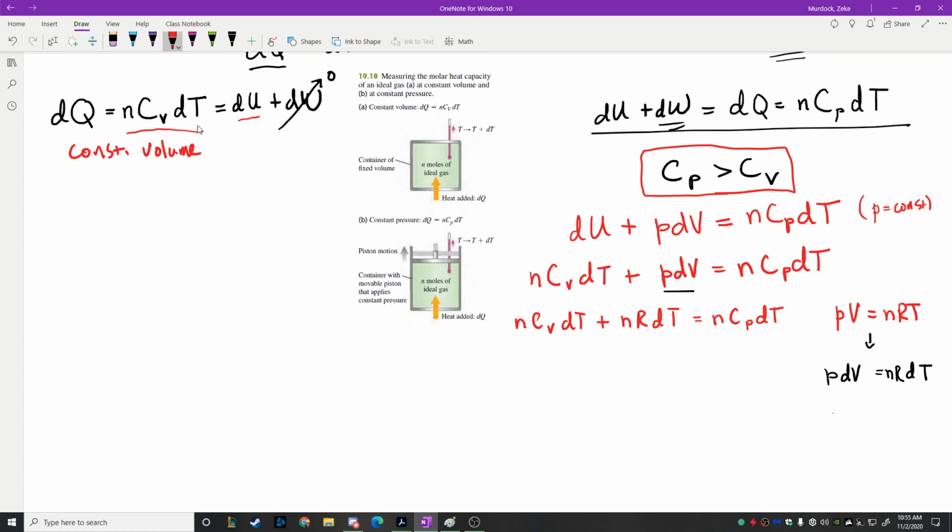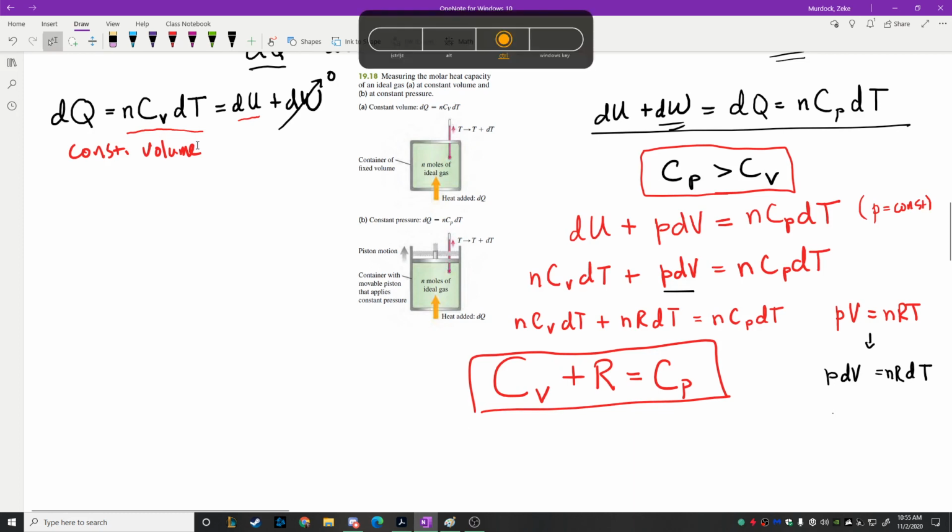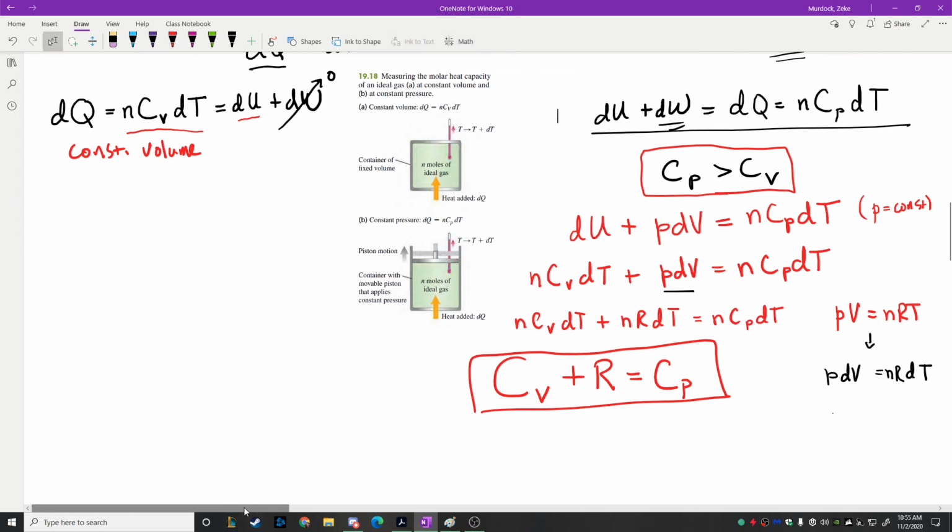And you get this, shockingly simple relationship. The molar heat capacity at constant volume plus the ideal gas constant is equal to Cp. That's a really simple relationship. So, complicated derivation, nice simple relationship at the end.